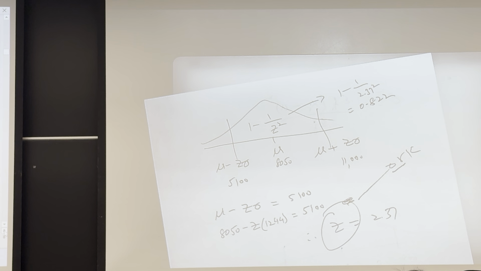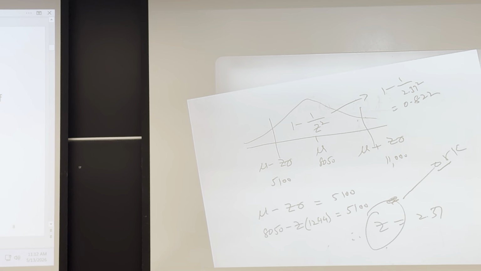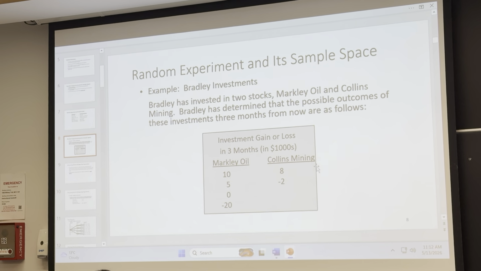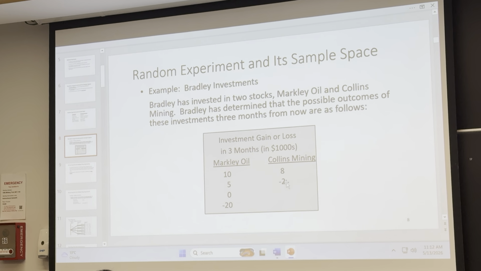Tell me one thing. Investment gain or loss in 3 months. You are going to be investing in these two stocks, Markley Iron and Collins Mining. Over here you can make 10,000, 5,000, 0, or lose 20,000.